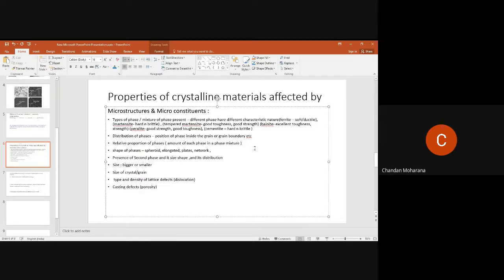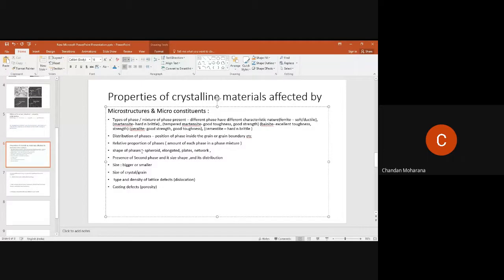If you have more ferrite and less perlite, the property will be more ductile, obviously. But if the opposite happens, if the ferrite percentage is less and the perlite percentage is more, it will become harder and stronger. Ductility will go down. So relative proportion, you understood now? Very good.